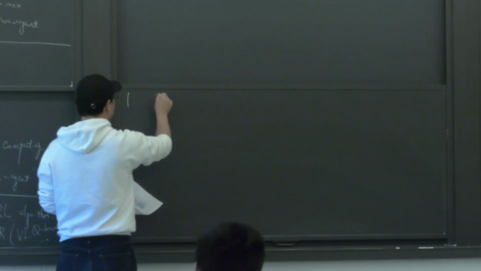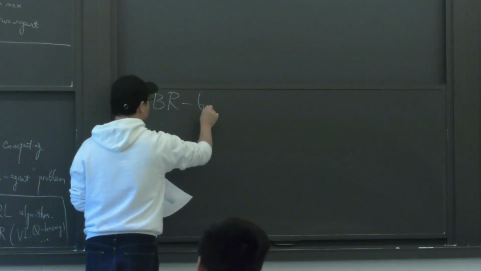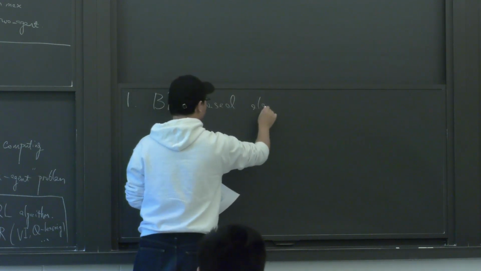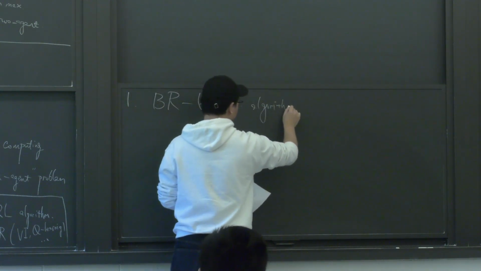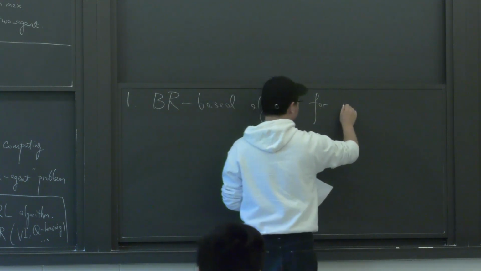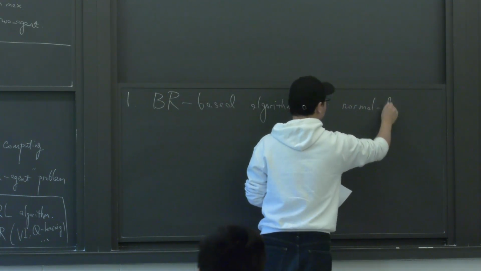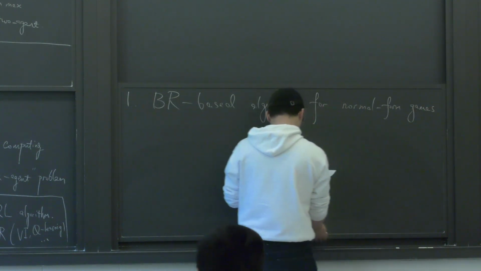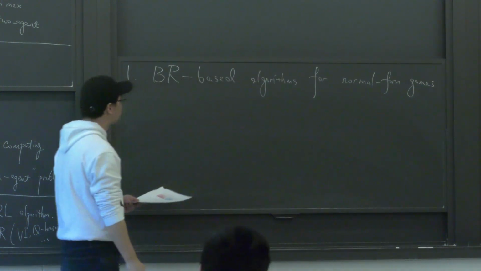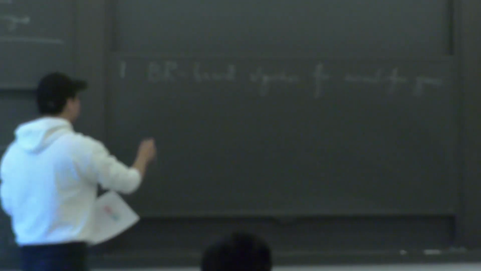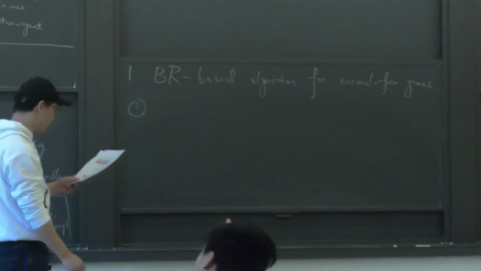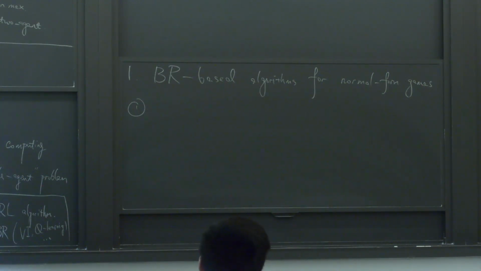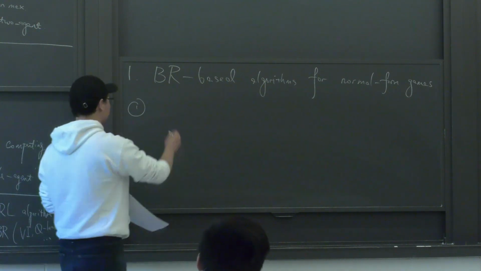We will first talk about best response based algorithms for normal form game. Since it's a normal form game, it does not have states and transition, so the algorithm is usually very easy to specify. The first algorithm we'll look at is called the self-play algorithm.